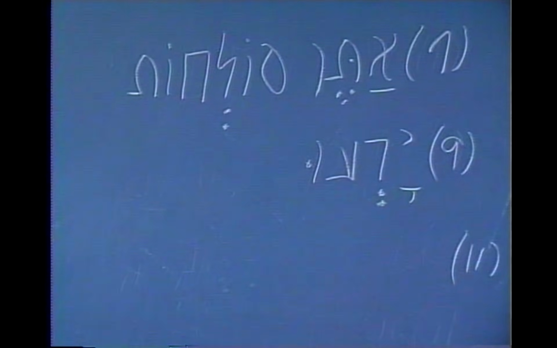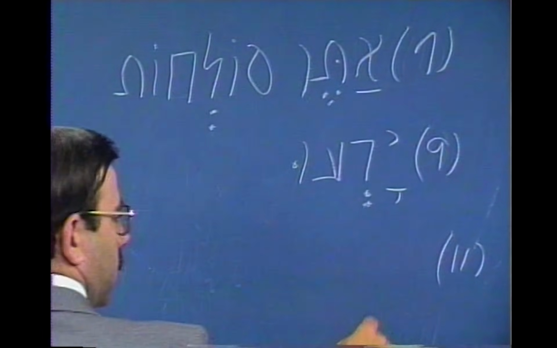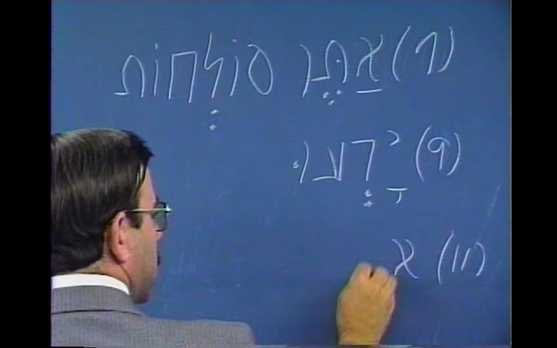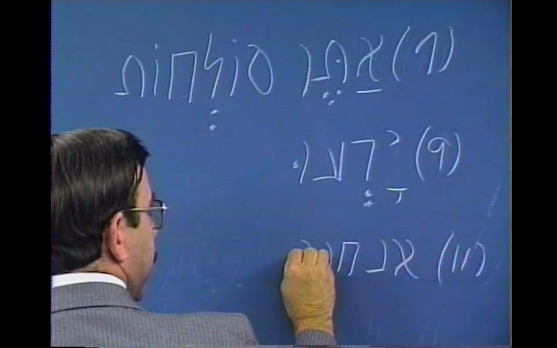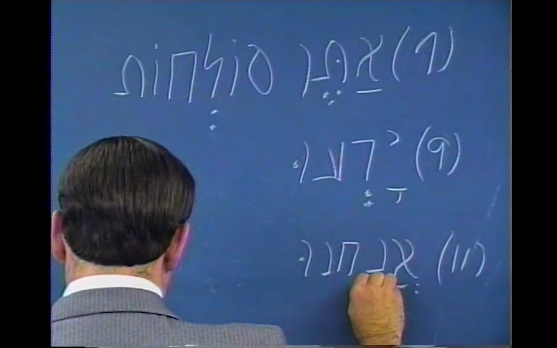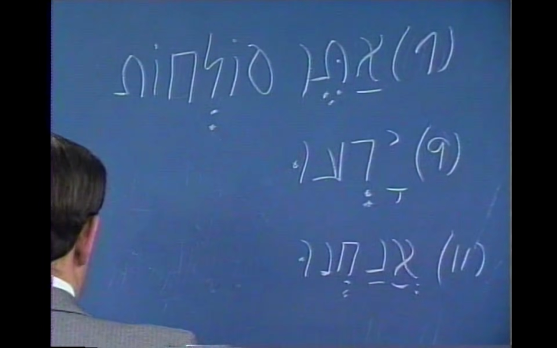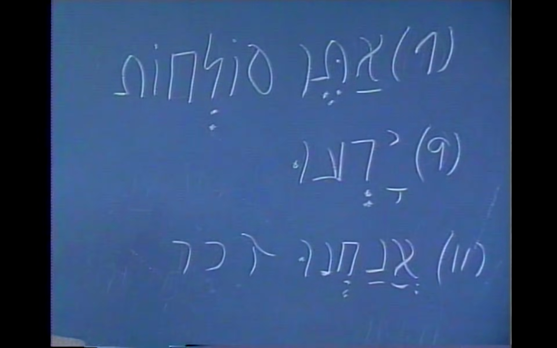All right, number 11. We're wanting to say we remember, or we are remembering. Anaknu. Same as we had just a few minutes ago, composite shava, patak, anak, nu, and then remember, zakar is our triliteral root for remember.